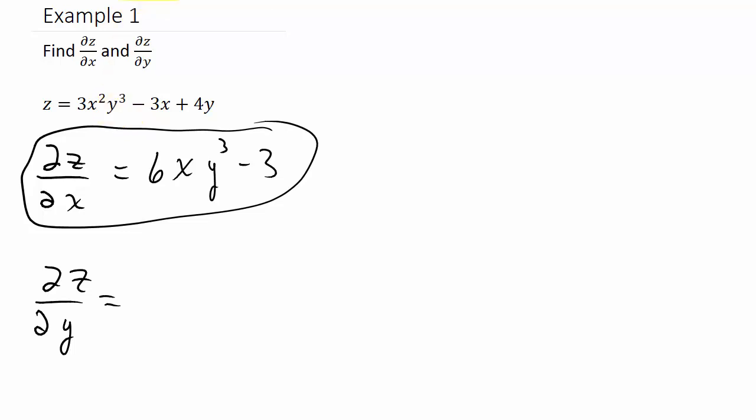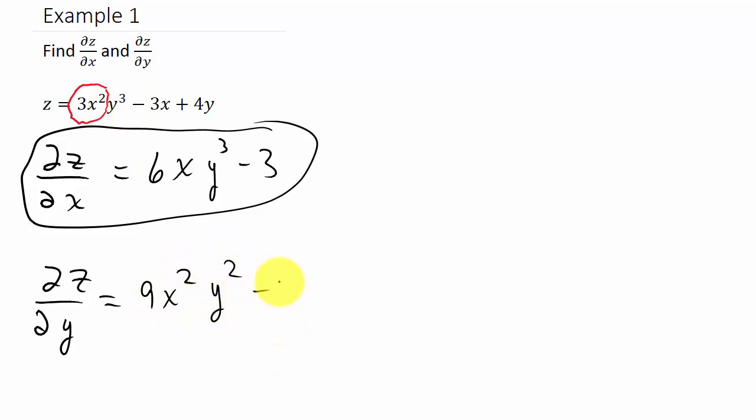Just like before, this 3x squared is a number. So I bring the 3 down. 3 times x squared is 9x squared. Subtract 1 from the exponent, and that leaves me with y squared.